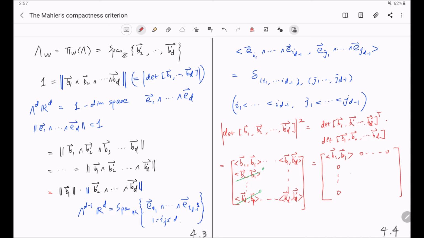But here you will get the Gram matrix of B2' through BD'. So in the end, you get the norm squared of B1 times the determinant of the matrix formed by B2' through BD', squared. And now you take the square root of both sides. You'll get this.